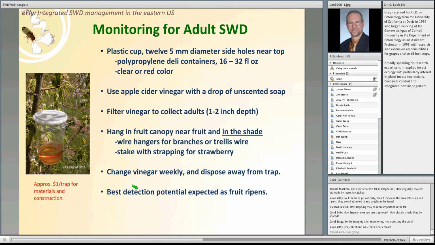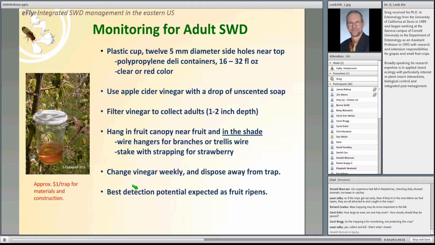Whether you would benefit from having 10 traps out there, it's hard to know. So 2 to 4 per a 5-acre planting would probably be sufficient to detect their presence, though I don't have specific data on that. And how close they should be spaced?